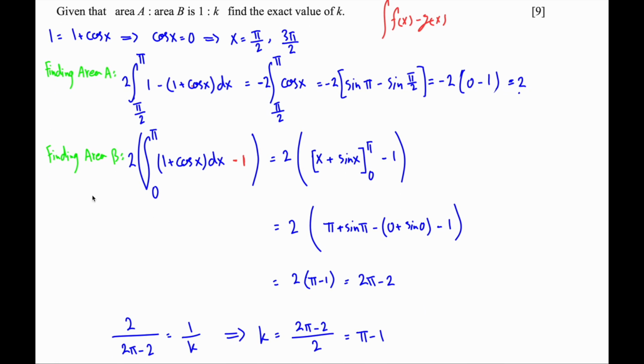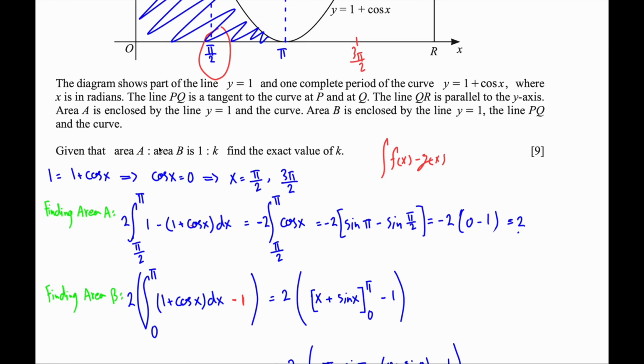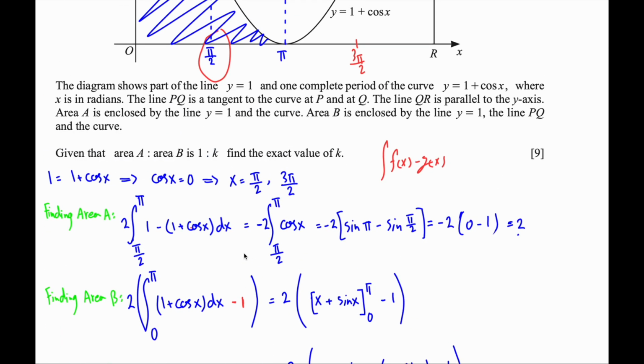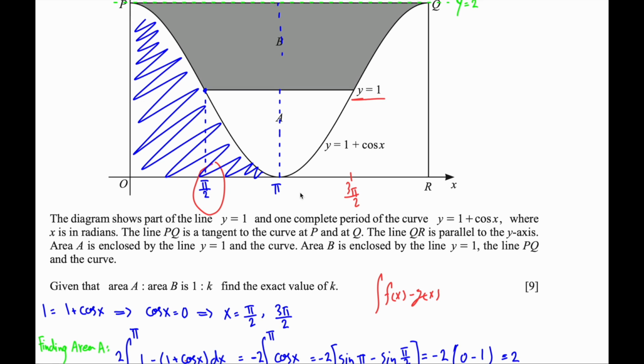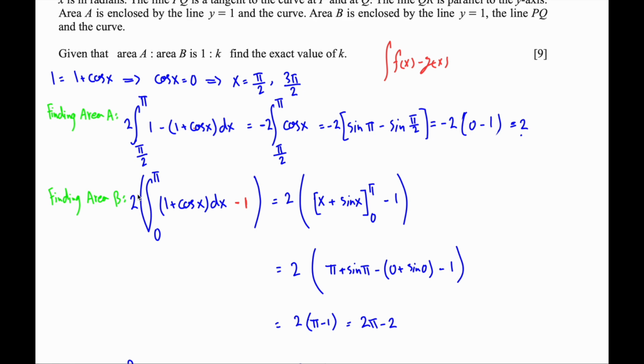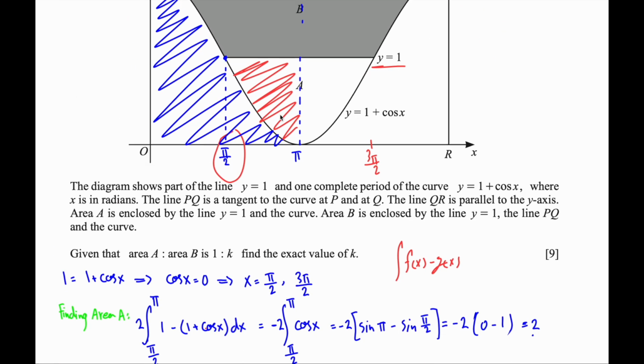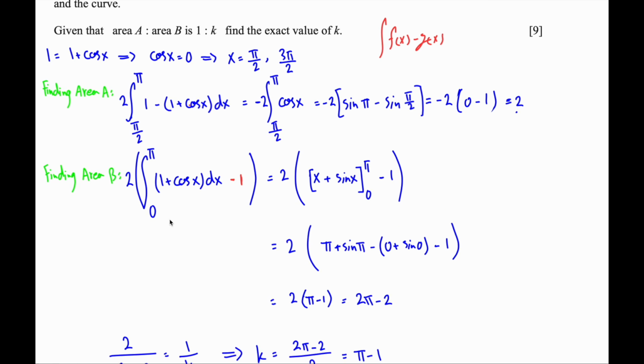So let's go ahead and start. That's gonna be the integration of 1 plus cosine x from 0 to pi, right? Minus 1, and minus 1 is basically this region, and then you double it in the end, and that's going to give you the area of shaded region B. So let's continue with integration. When you take integration of 1, you get x.